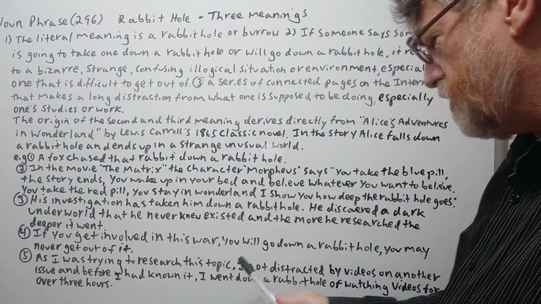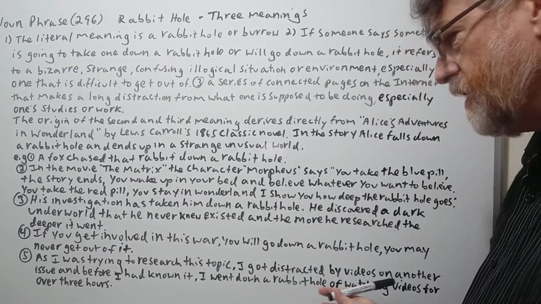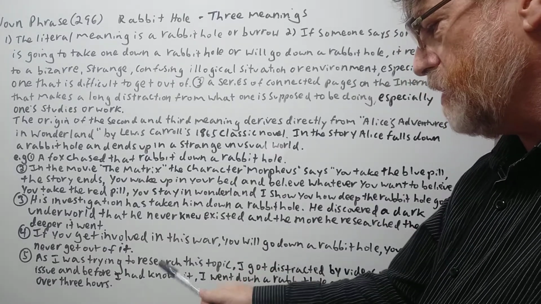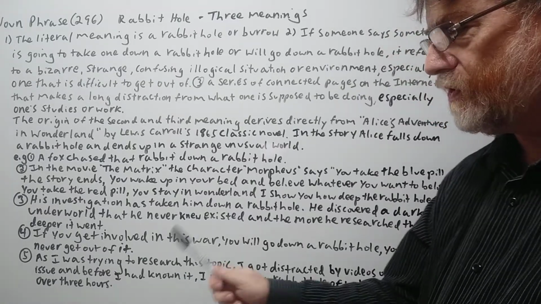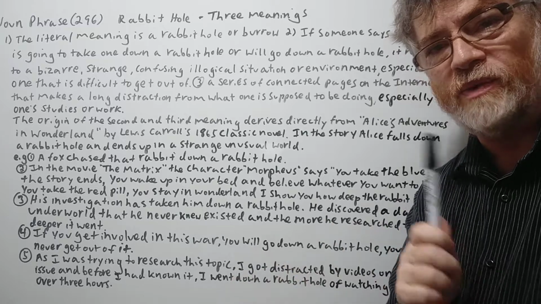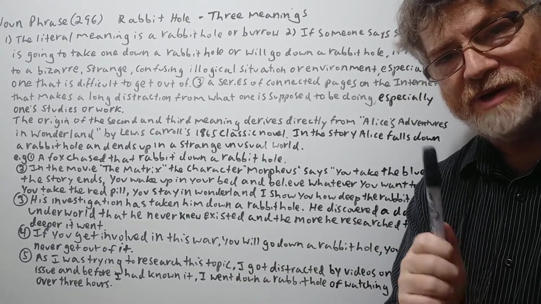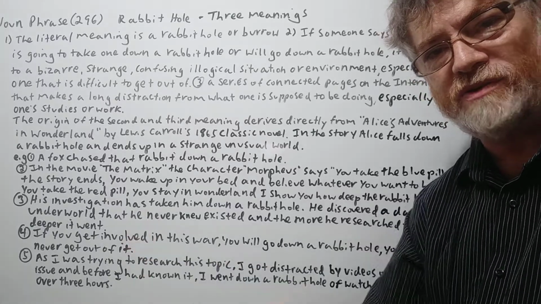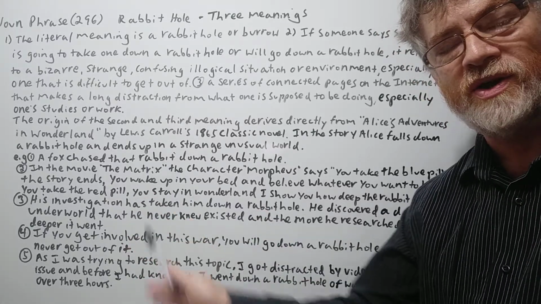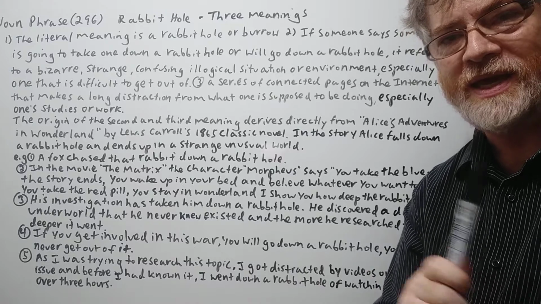As I was trying to research this topic, I got distracted by videos on another issue, and before I had known it, I went down a rabbit hole of watching videos for over 3 hours, but they were not the topic that I was originally researching. So you kind of wasted this time. You went all the way in this direction, went all the way into almost like another world. So that's kind of the way we use it.